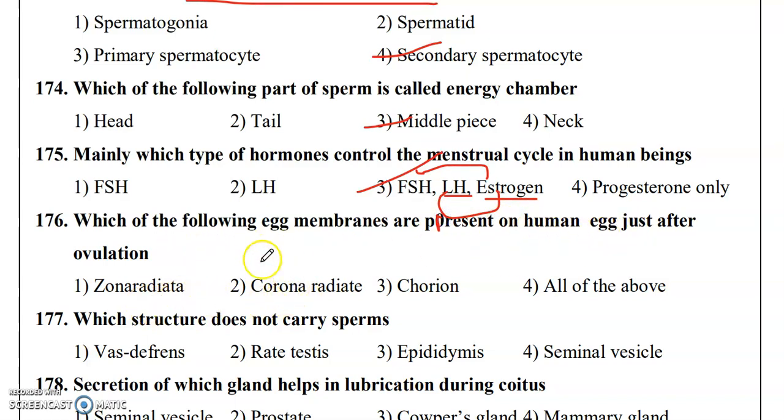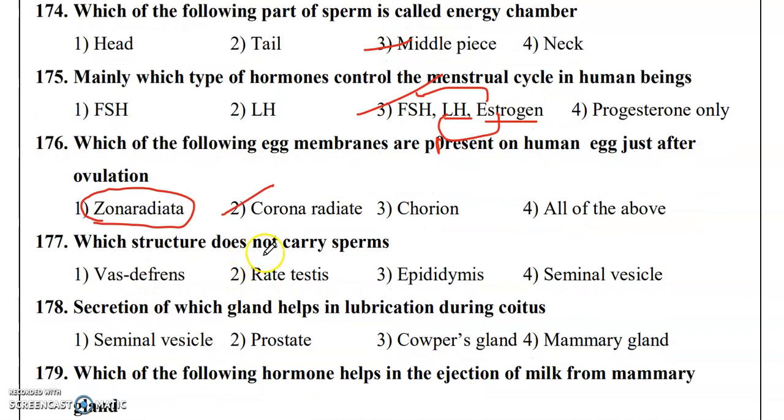Zona pellucida and corona radiata are present. Next one, which structure does not carry sperms? Vas deferens, rete testis and epididymis carry sperms. The seminal vesicle is an accessory gland, not an accessory duct.